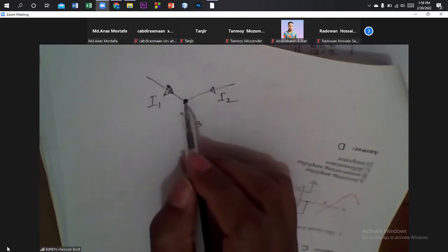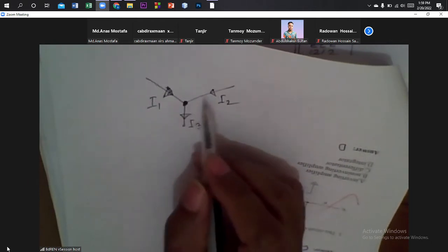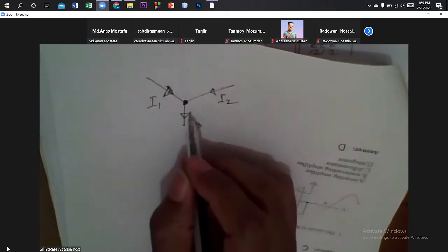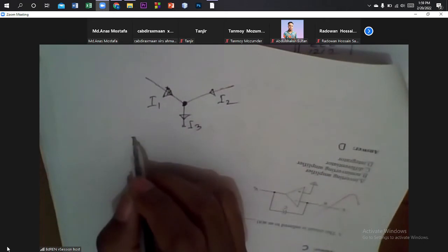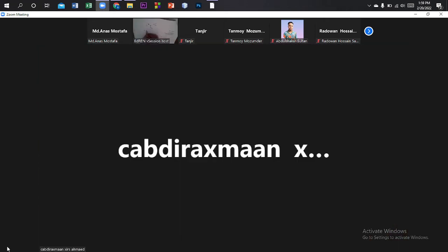Which currents are coming to the junction? I1 and I2. And which current is going out? I3. So we can write I1 plus I2 equals I3. Clear?